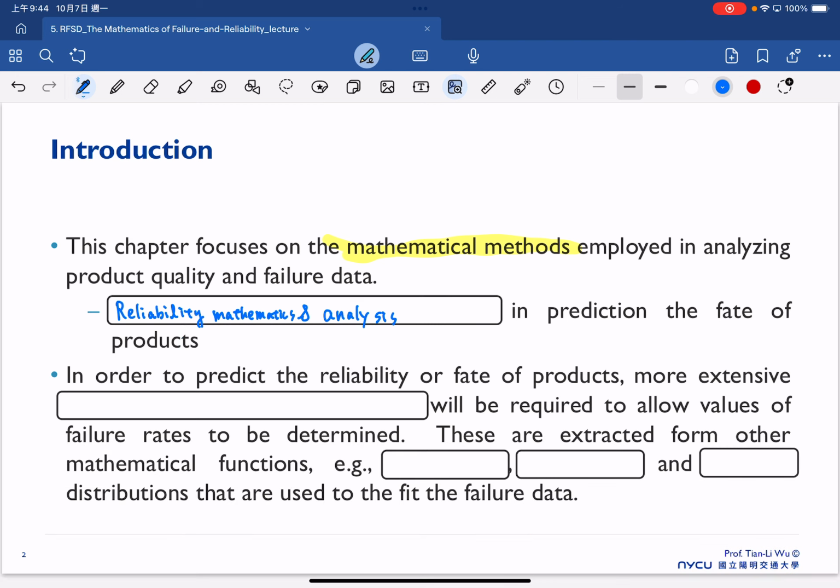The purpose that we need to have this reliability mathematics and analysis in the end is we want to predict the fate of the product. The fate of the product, that means this is kind of like a lifetime.